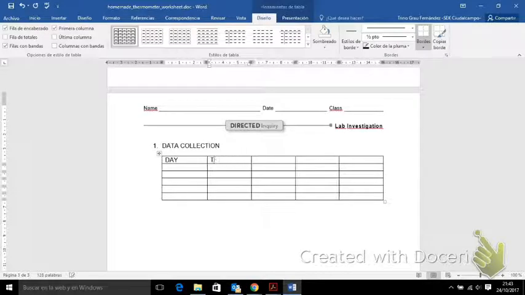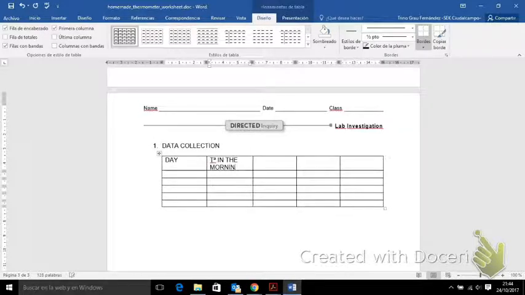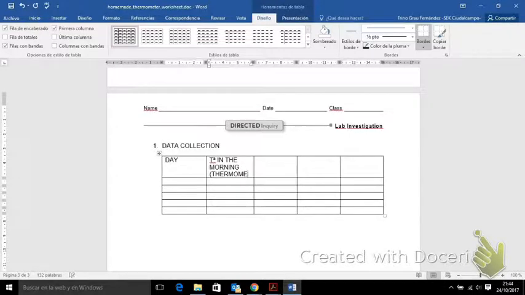Okay, I'm going to put temperature in the morning. This is temperature in the morning with the thermometer. Temperature in the evening, the thermometer.